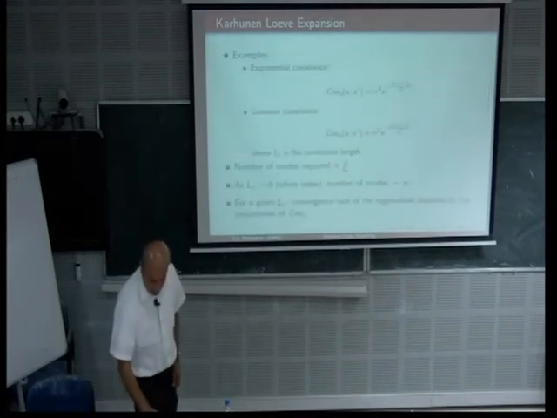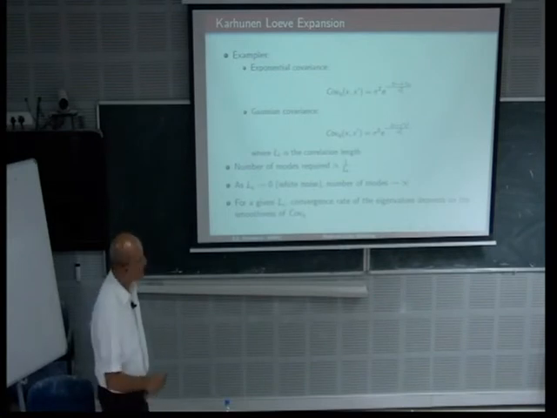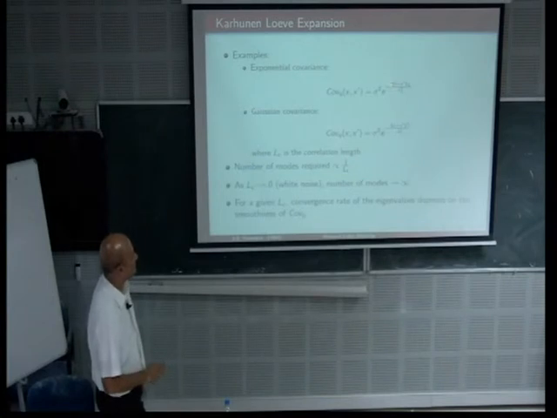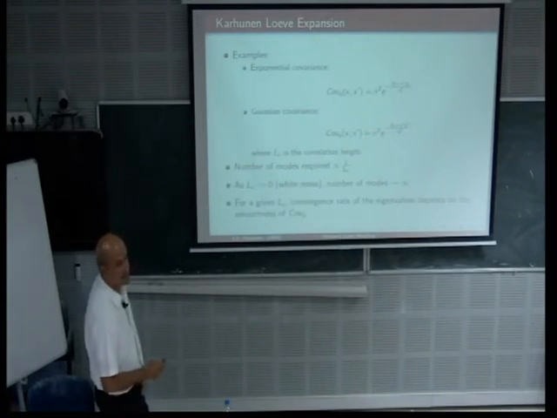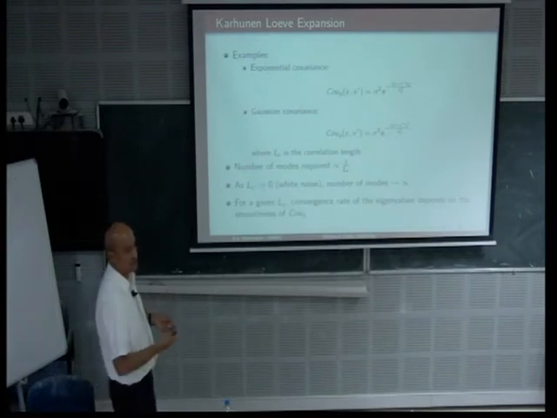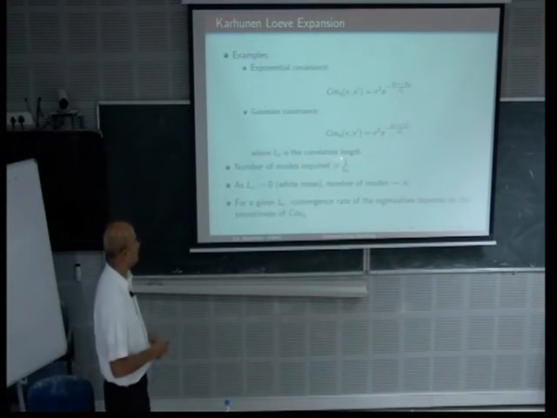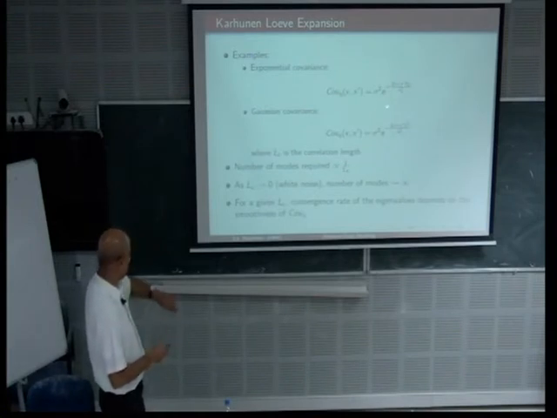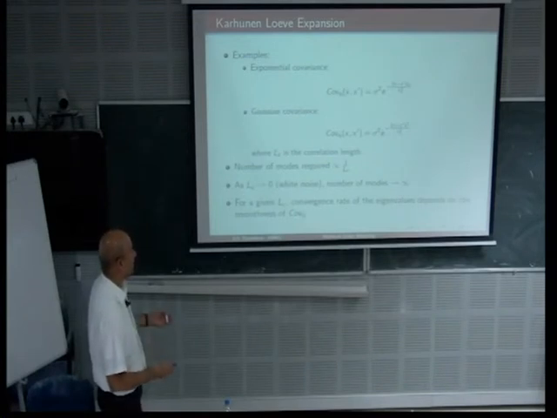So here are some examples of correlation people use: exponential covariance and Gaussian covariance. LC is the correlation length. The number of terms to include in the KL expansion is proportional to 1 over LC. And as LC goes to 0, what do you get?